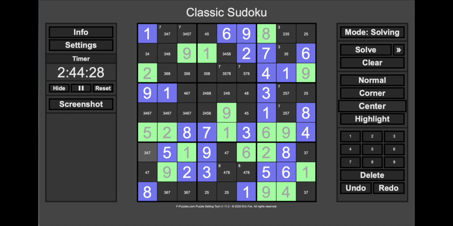That can't be 6. I know where 6 must go in box 7. Now, that's really annoying.